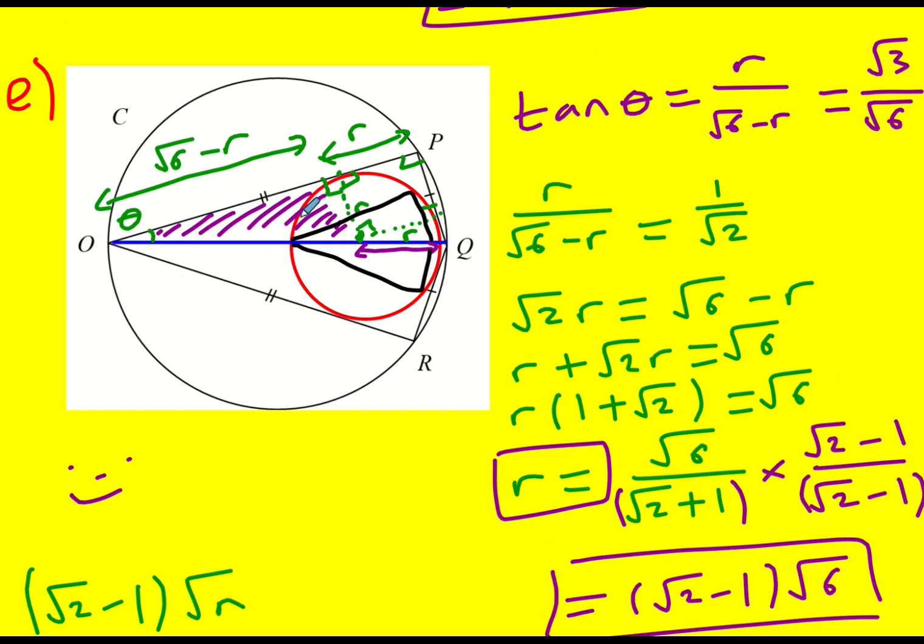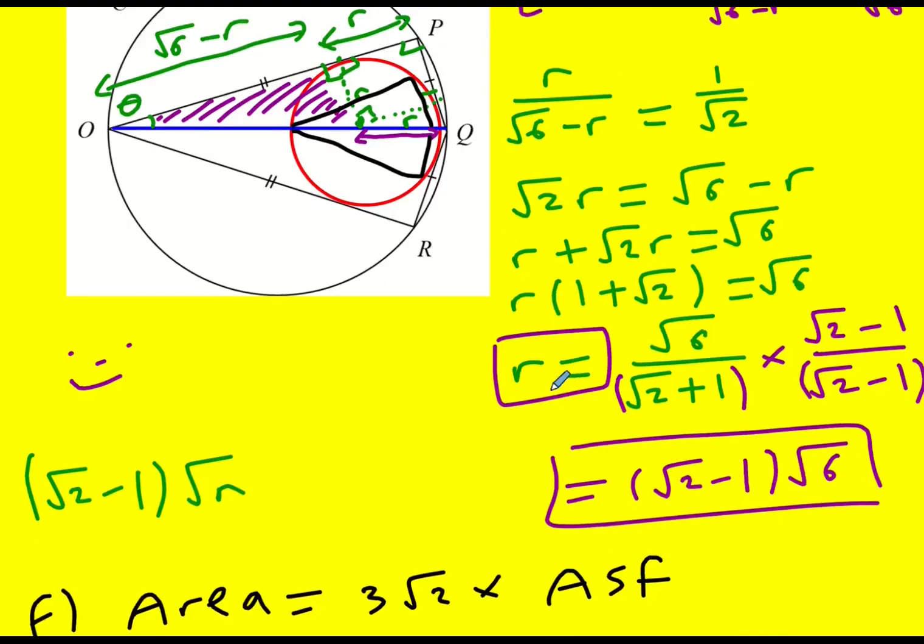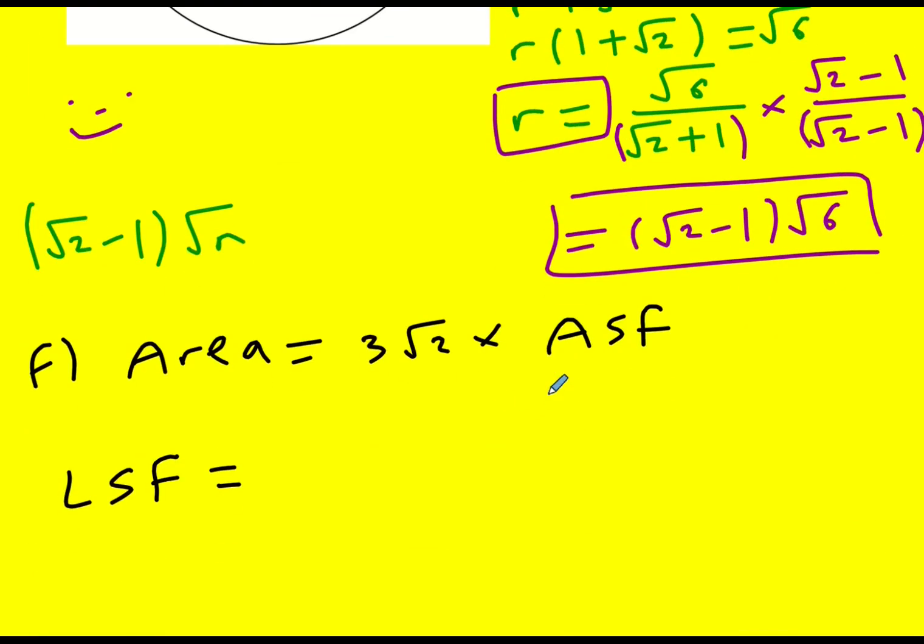We know that the length scale factor between the two kites is basically going to be the same as the length scale factor between the circles. So we have the radius of the big circle, because remember OQ was equal to 3.